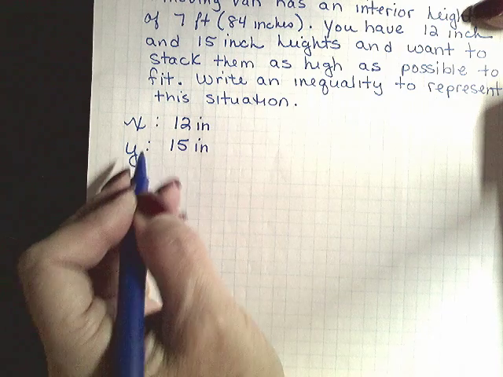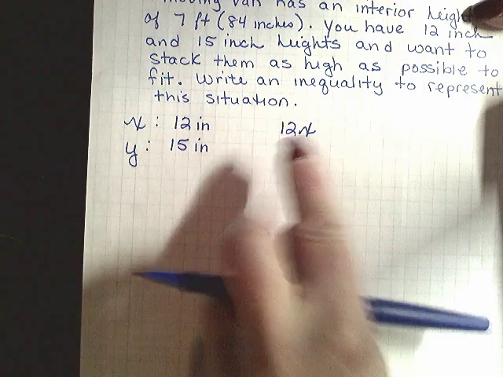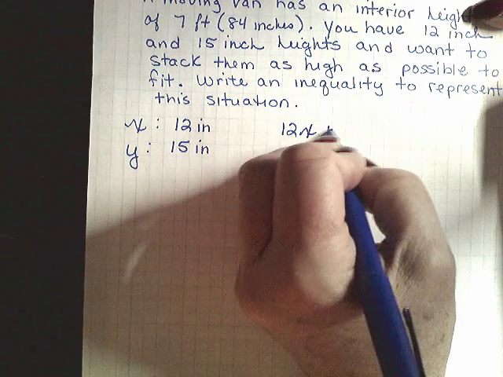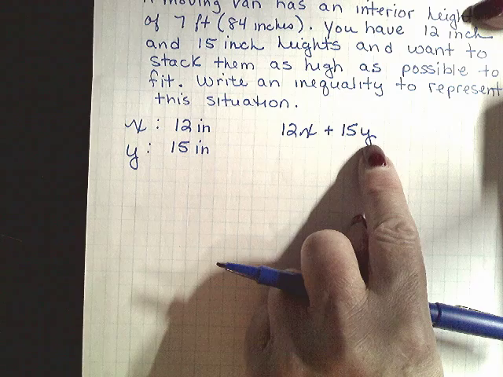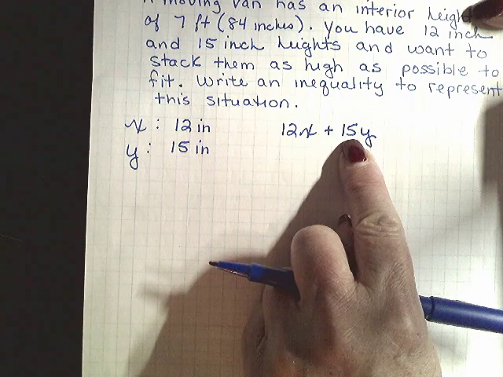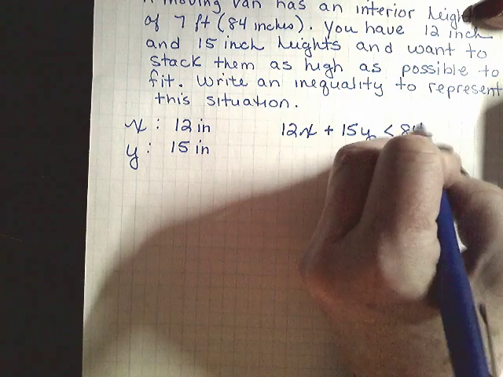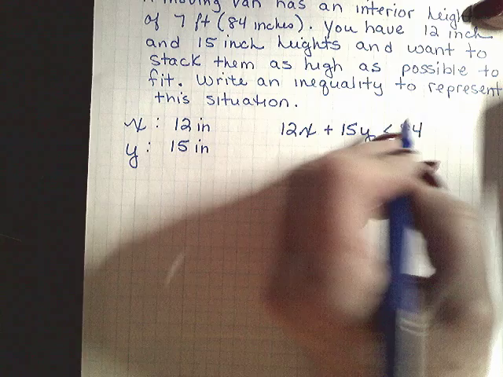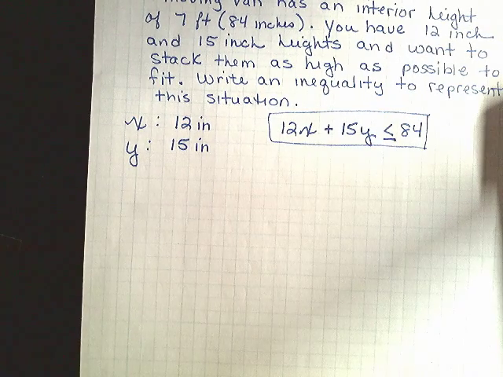So I'm going to do 12x because that would represent the height of 12 and the number of boxes I can fit, plus 15y because that's going to represent the number of boxes that are 15 inches. Now it cannot be any higher than 84 inches, but can it be equal to 84 inches? Yes. So that would be your inequality that you would set up for that word problem.